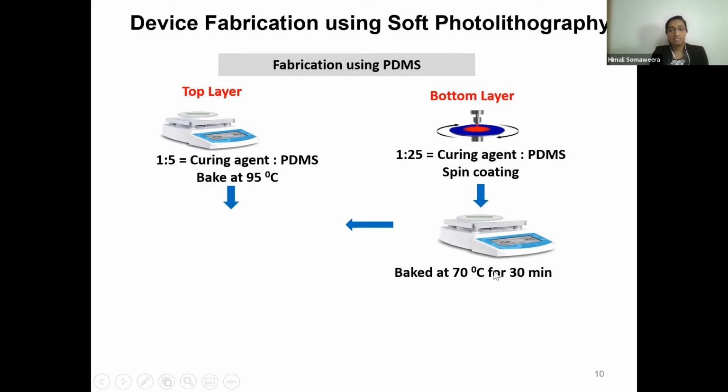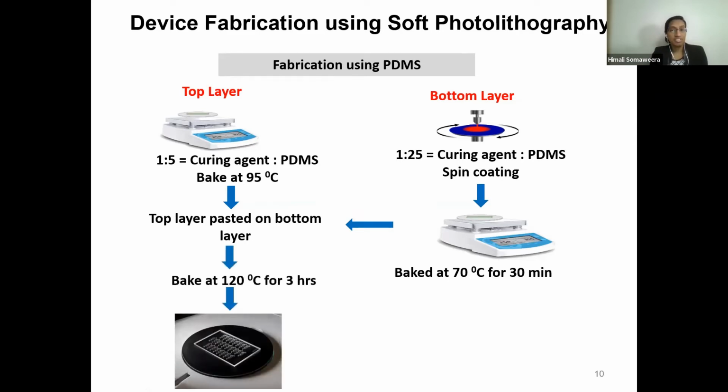Once we spin coat, we bake at 70 degrees for 30 minutes, because we need that thin layer. After 30 minutes, we paste the top layer, which is the fluidic layer, on the bottom layer. That has to be done really carefully, pasting in the right position. That's the most critical part of the device fabrication, but once we get used to it, it's the easiest task.